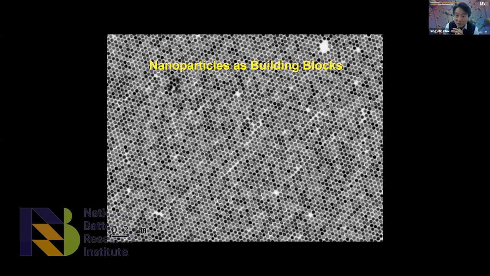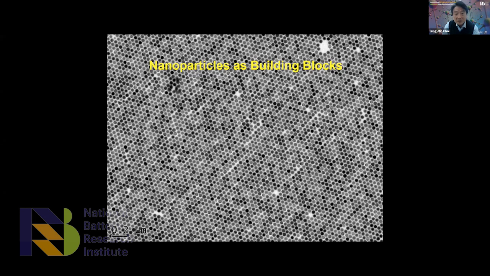This is one example we prepared in our group. So now we can consider this nanoparticle as a new, well-defined building block. You may consider this one just like an atom, but much, much bigger than the atom itself. So you can consider it a sort of super atom.